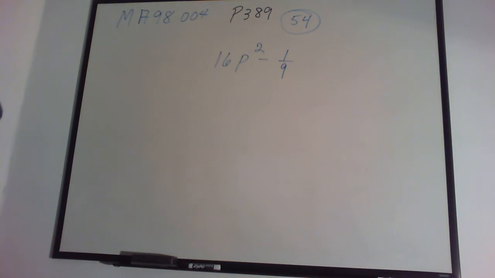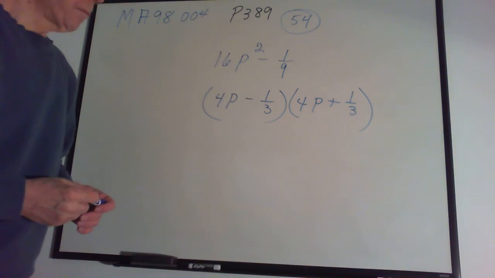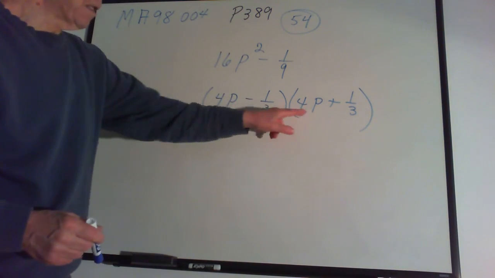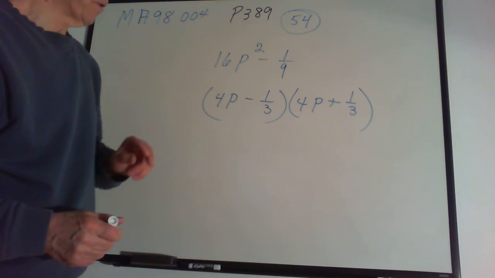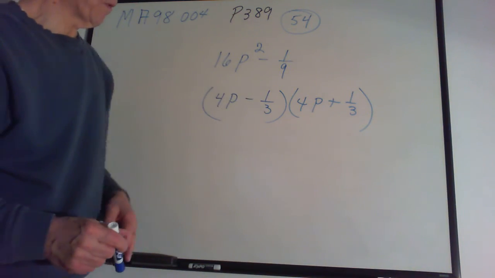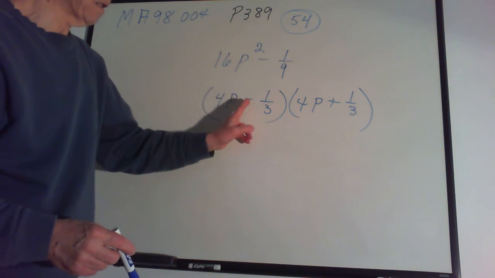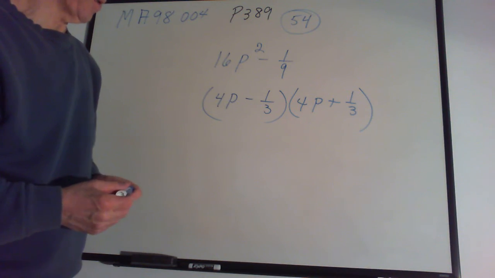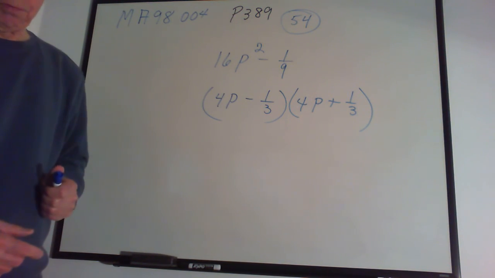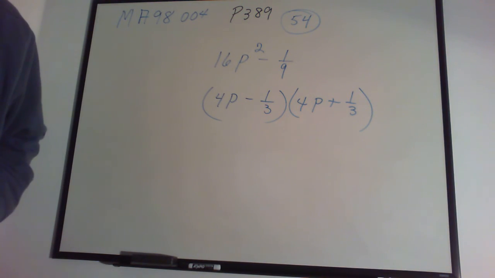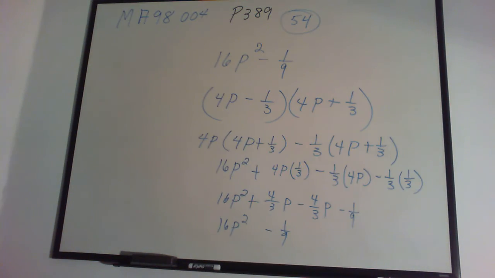Give that a try. This one's a little bit difficult because it's got a fraction in it, but try it. So 4p times 4p will give me 16p squared. 1/3 times 1/3 will give me 1/9. A negative times a positive gives me my negative. Multiply this one back out to check it. It'll help you with your fractions.